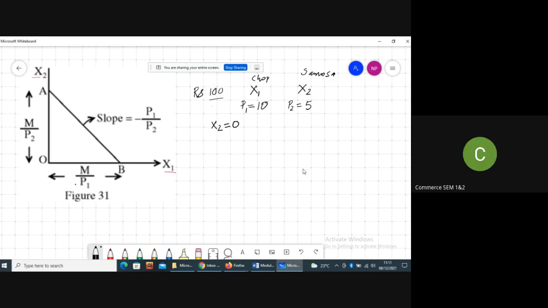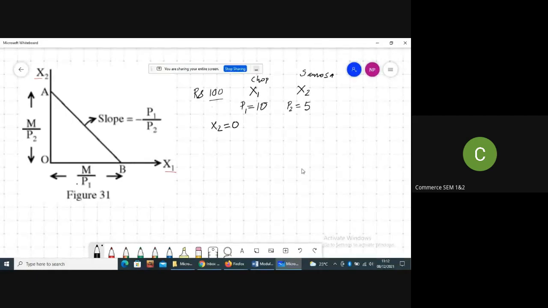Yes, 10 pieces. So we are dividing the money income 100 by the price of commodity 1, which is 10 here. So this is the maximum amount of commodity 1 you can purchase if you do not purchase commodity 2 at all.